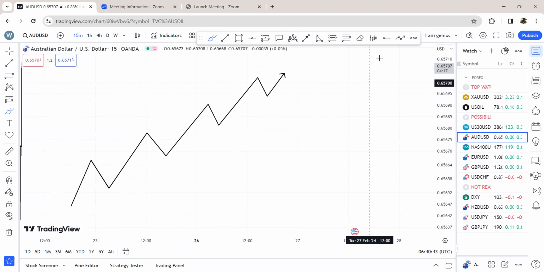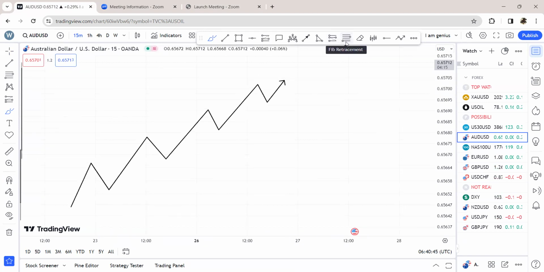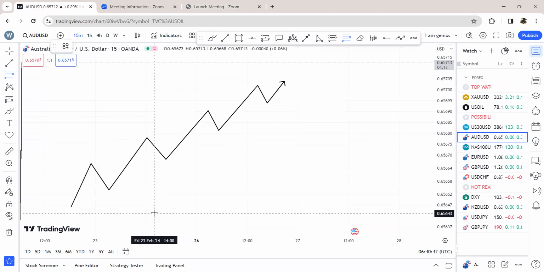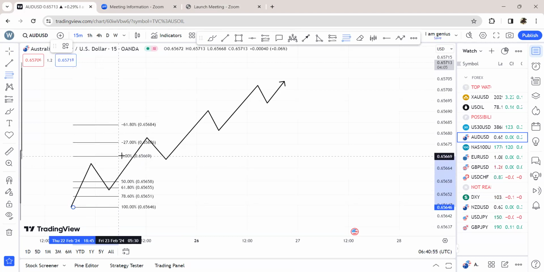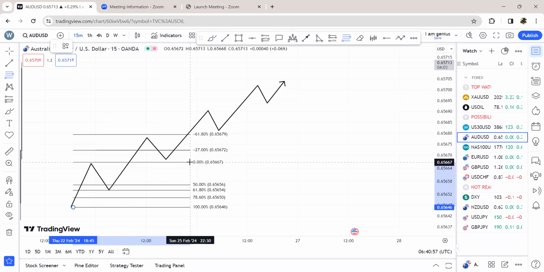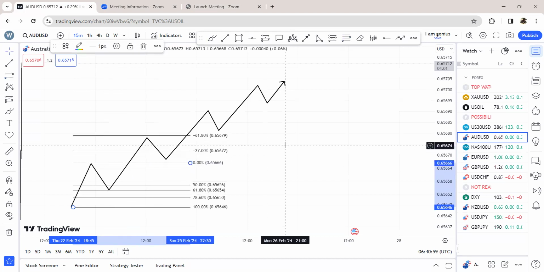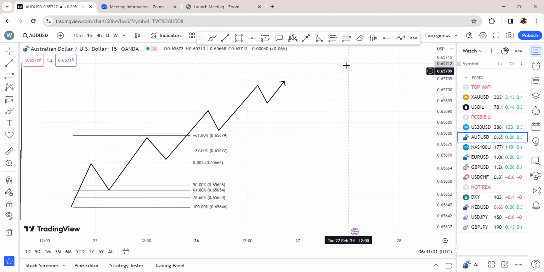So now, if I was to use this Fibonacci, I want you to pay attention to the numbers. I start exactly at the bottom of this impulsive move there. Then I move this all the way to that level. I want you to pay particular attention to the numbers now.